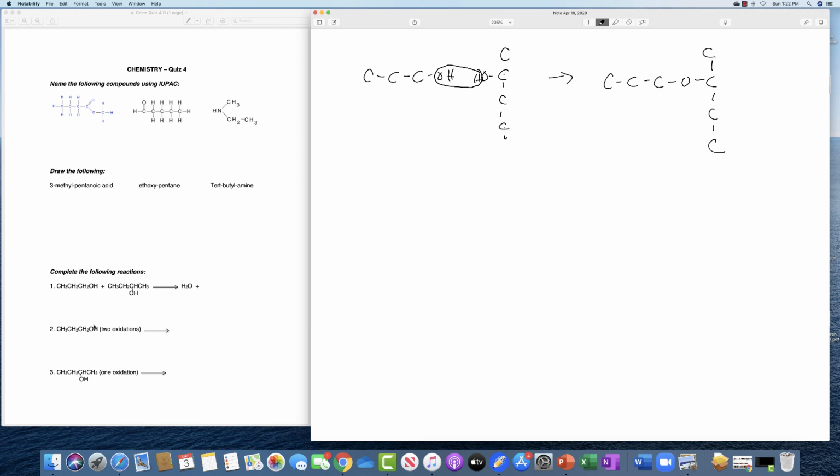The next one is 2 oxidations. I explained this in an email to Elizabeth that I copied the rest of you to. And basically, with each oxidation, you either remove a hydrogen or you add another oxygen. And so the first oxidation, if you have this compound right here, you start out with an alcohol. If you remove this hydrogen, so the first oxidation will result in an aldehyde in this case, because it's on the end.